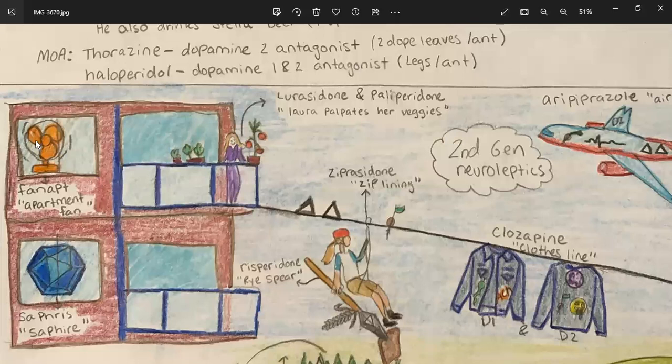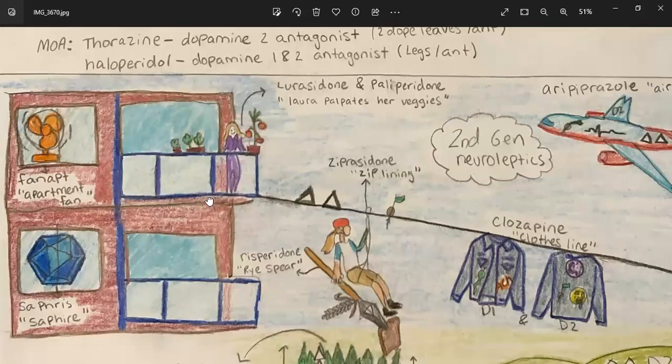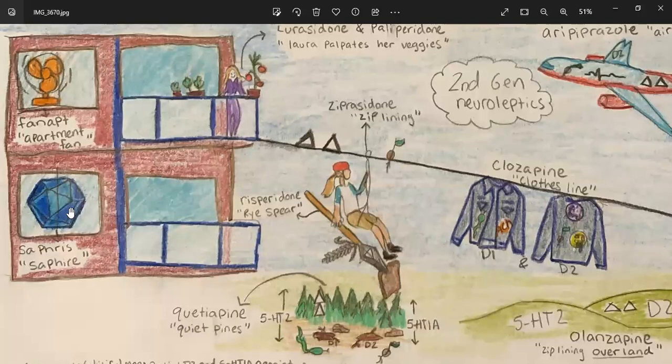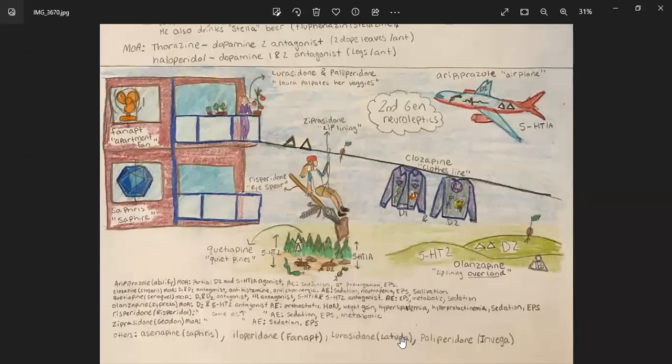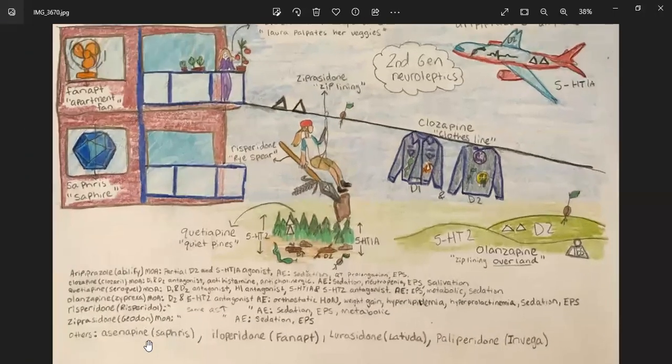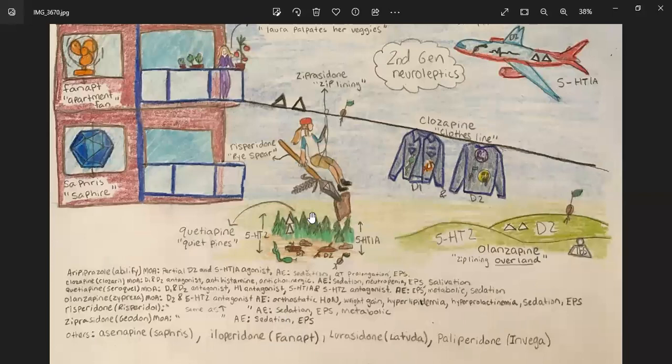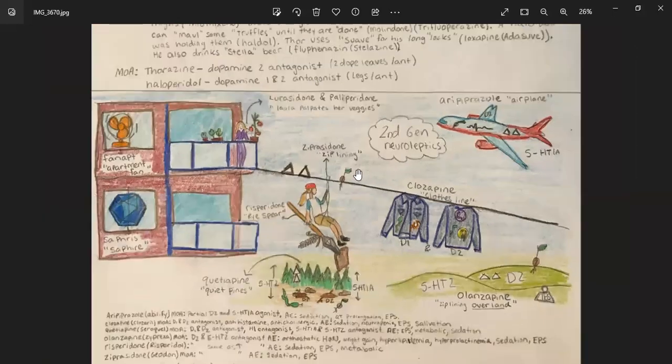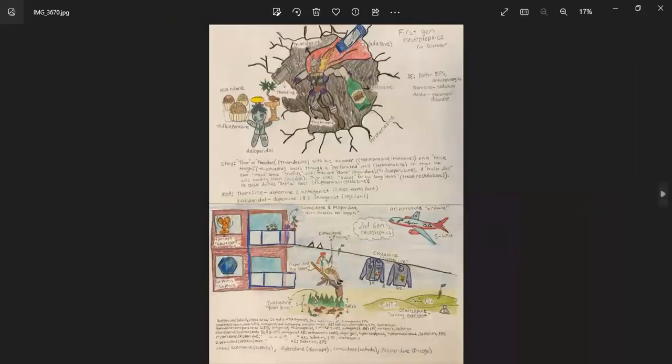And then she has a fan in her apartment for Fanapt. That's the brand name. And then this other person just happens to have a giant sapphire stone in their window, sapphire for Saphris, which I believe is also the brand name. Yep. So that was a rough one. A lot of stuff there.